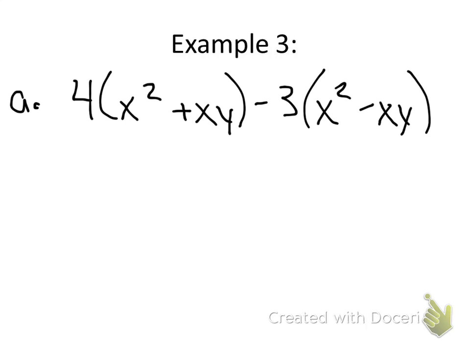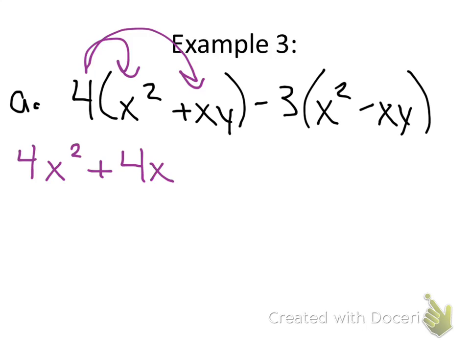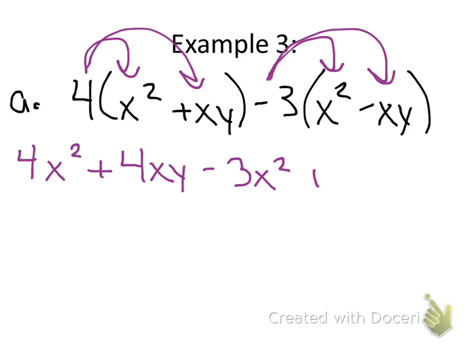So 4 times x squared is 4x squared. You don't have to draw the arrows on your homework. I'm just showing distributive. Plus 4xy minus 3x squared. Don't forget your signs. That's a negative 3. And negative 3 times negative xy is a positive 3xy.